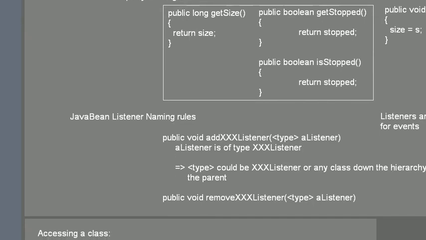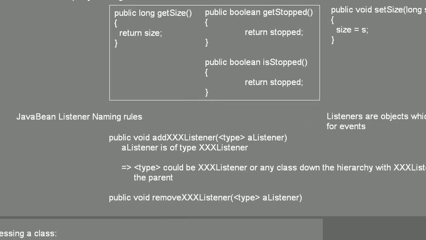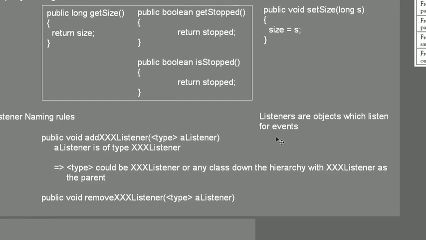Let's take a look at listener naming rules. Listeners are the objects which listen for events, and listeners are tied to event sources. So they should be public too. This is the way you would add an event listener to an event source.